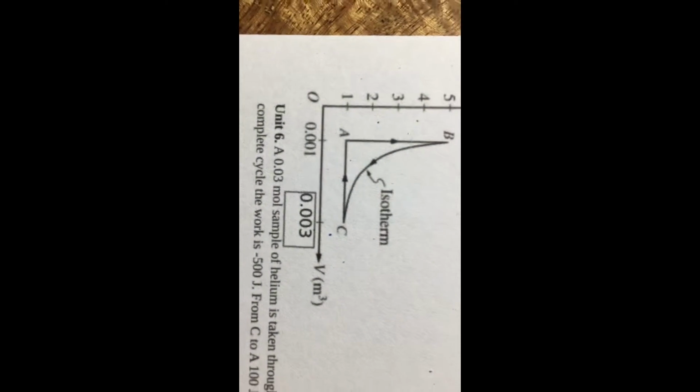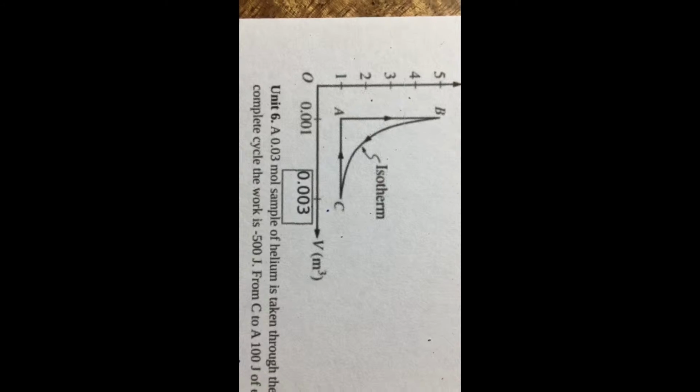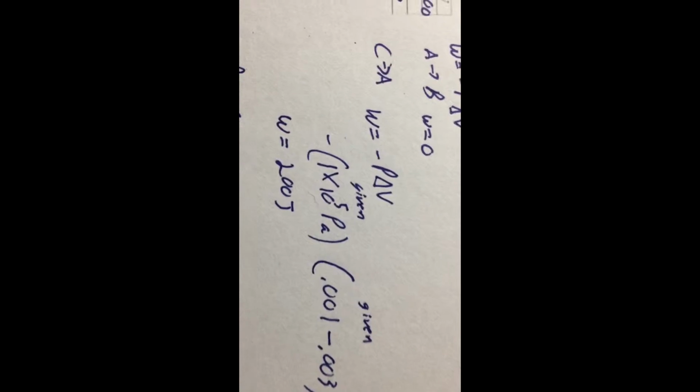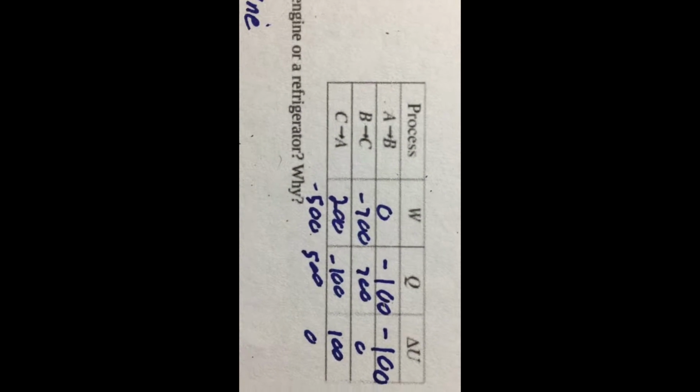So it goes from 0.01 to 0.03. When you do this, you find that the work is equal to 200 joules, and you plug it into the table there.